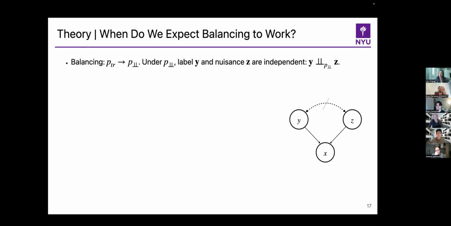In other words, when we're balancing, we're learning P of Y given X under a new distribution. Rather than P train, we're looking at some new distribution, which we'll call here P independent.